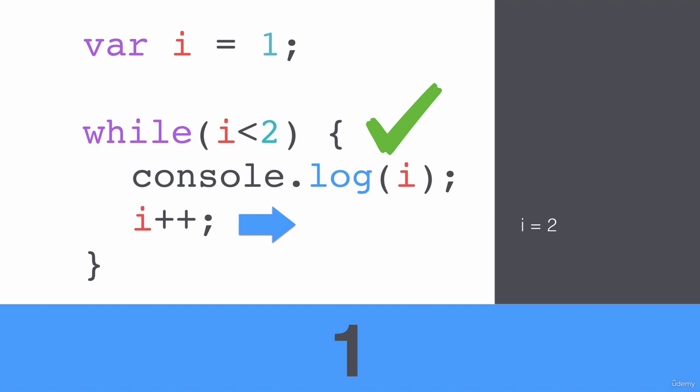After this loop is completed, the code jumps back to the beginning of the while loop and evaluates that condition again. So is I still less than 2? Well, 2 is not less than 2. 2 is equal to 2, right? So this is now false. And that means that this while loop will stop and it will skip the loop and go to the next line of code below. So this is how a while loop works.